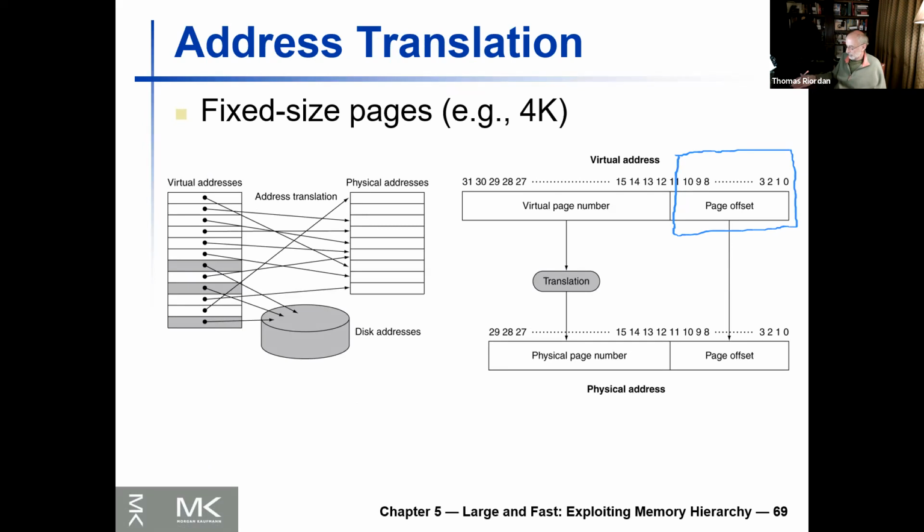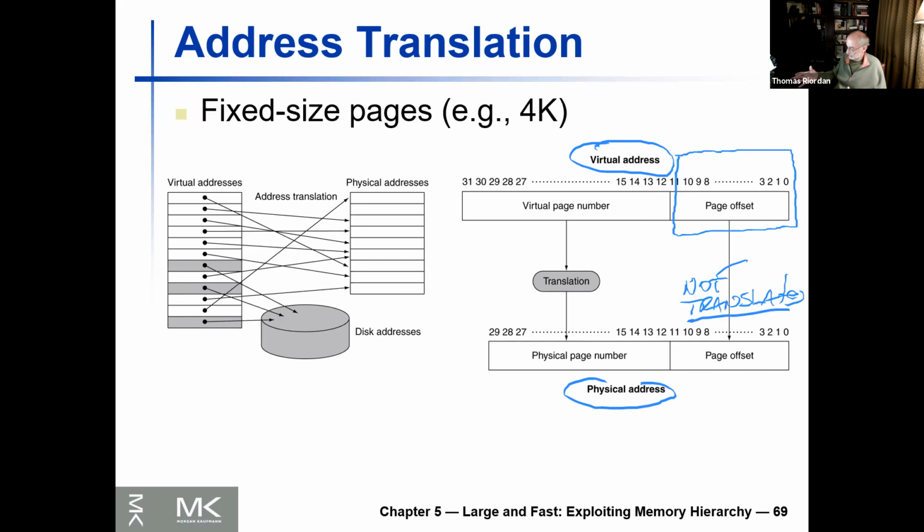So that part is not mapped. So you can see that this is not translated. It just goes straight through. So this is the virtual address. This is the physical address. See, the bottom 12 bits here are not translated.